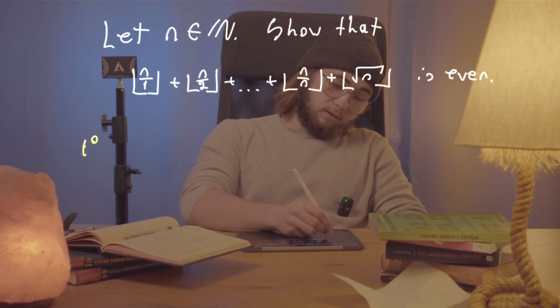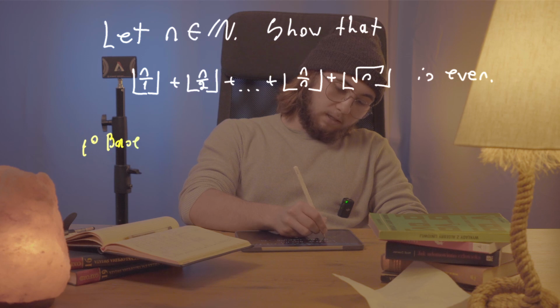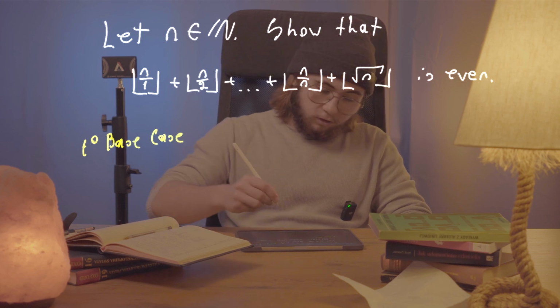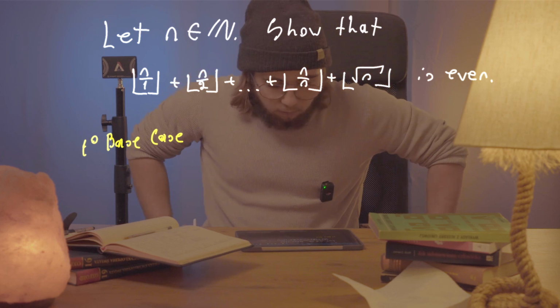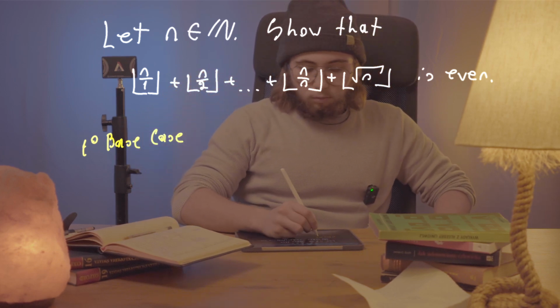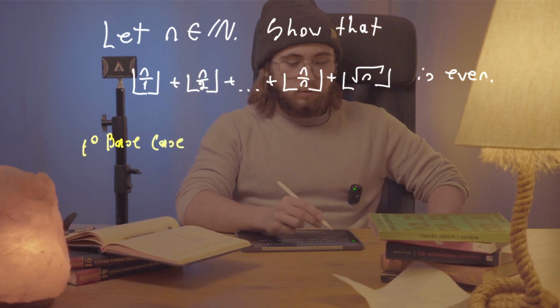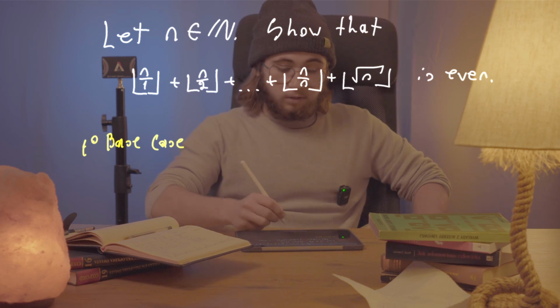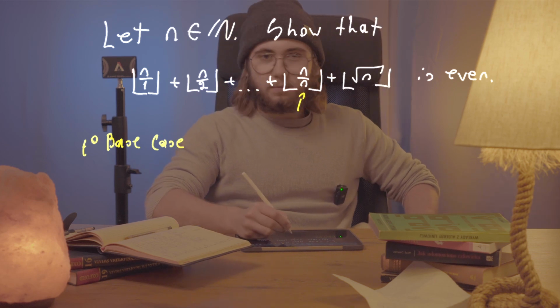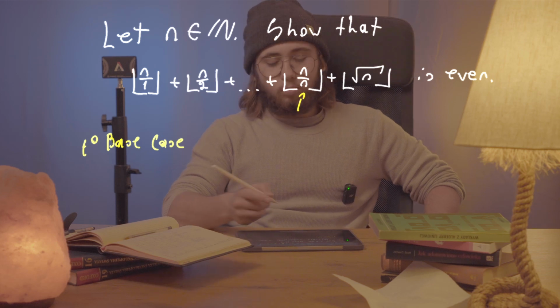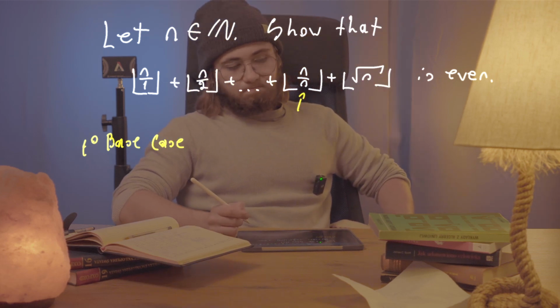Well, first of all, we have to prove that the base case holds. Okay, n is a natural number. Some people argue that natural numbers start with 0. However, I don't really care about the case of n being equal to 0 here, because I'm dividing n by n in this almost last floor right over there.